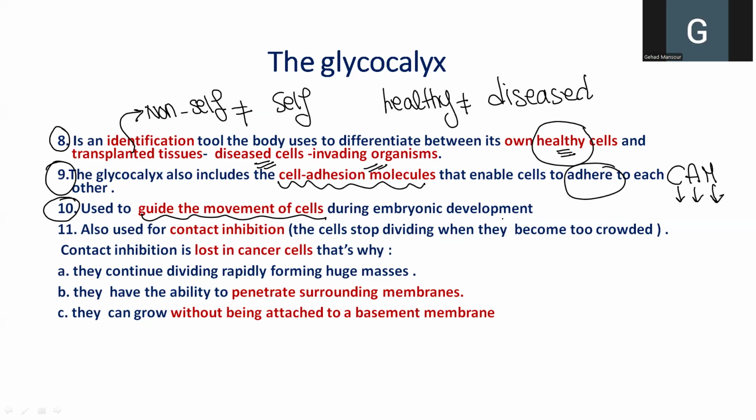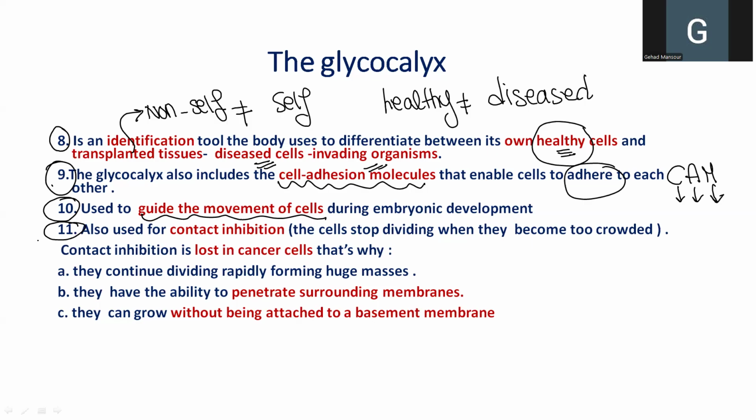The glycocalyx is also important for a very important phenomenon that we will be studying, which is contact inhibition. Meaning that when the cells get in contact with each other and feel that they are too crowded, and we will see how they feel that, they stop dividing. So this is what we call contact inhibition. Contact inhibition is a function of normal cells only, of healthy cells.